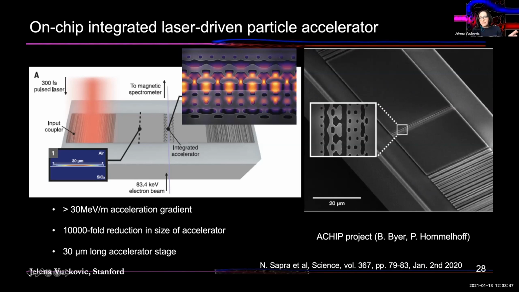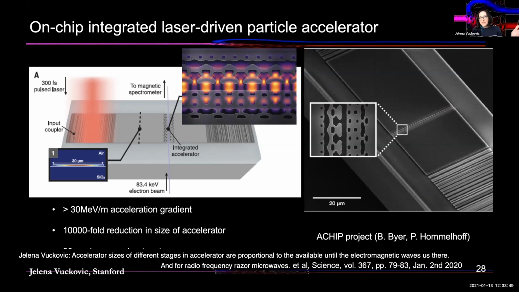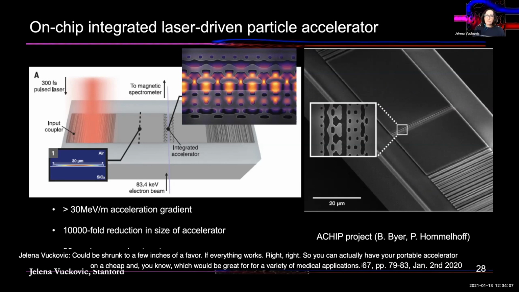Because all the accelerator sizes of different stages in accelerator are proportional to the wavelength of electromagnetic waves used there. And for radio frequency waves or microwaves, that's 10,000 times larger than what we can do with infrared light. And that tells you that something like Stanford linear accelerator, which is 3 miles long, could be shrunk to a few inches of a wafer if everything works right?